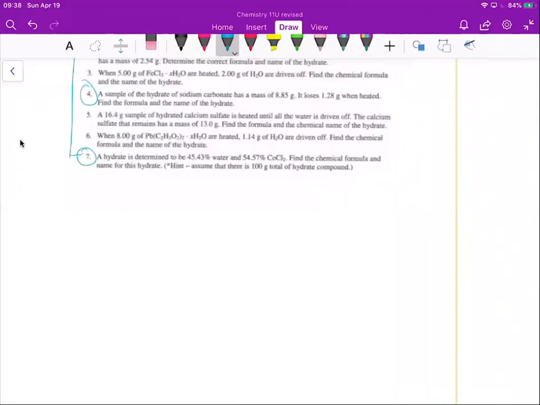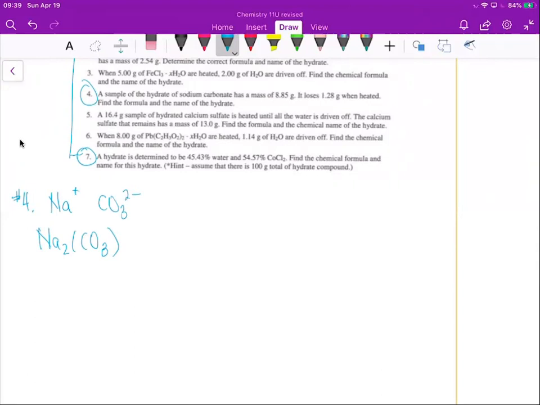Okay, so number 4, a sample of hydrated sodium carbonate. So we know that sodium is Na+ and carbonate is CO3 2-. So it'll be Na2CO3. Has a mass of 8.85 grams. It loses 1.28 grams when heated.